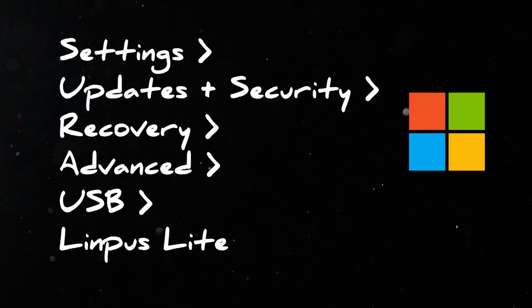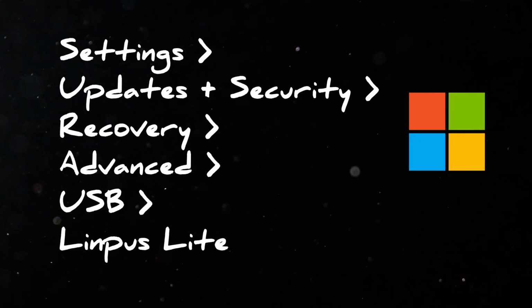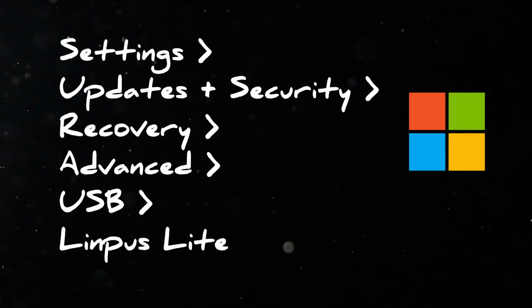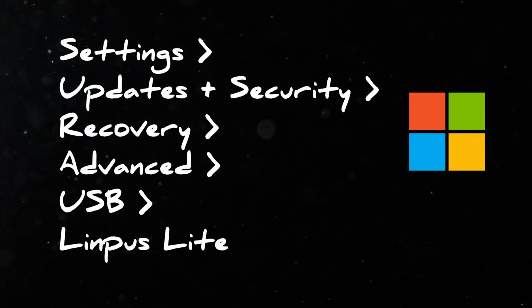If you end up in Windows, you need to go to the Settings app. And once you're there, you have to choose Update and Security, then Recovery. And in the recovery settings, you can choose advanced settings.